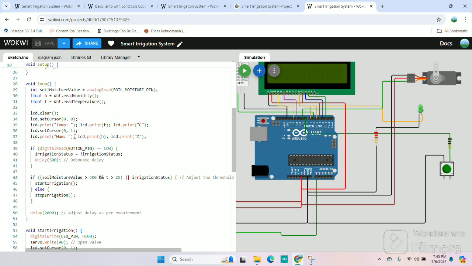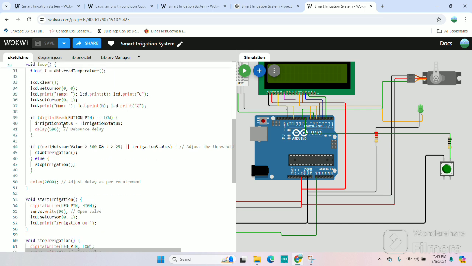And then for the humidity, the data is H, read from this DHT22, and the unit will be in percentage. And then if the digital read of the button pin is low, it means that the button is not pressed, so it doesn't send any signal to activate the system.